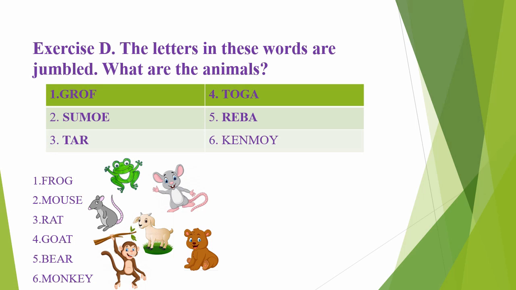Okay, I'm going to give you some clues. It can jump with its legs. It has a long tongue. It uses its tongue to catch bugs. What is it? Yes, frog. F-R-O-G, frog.